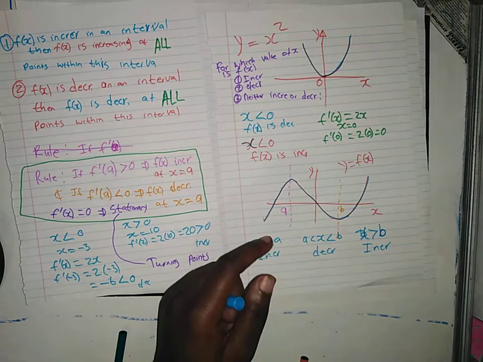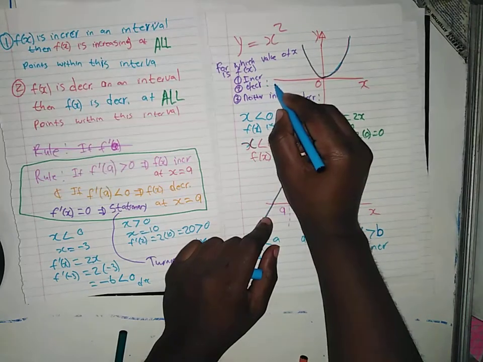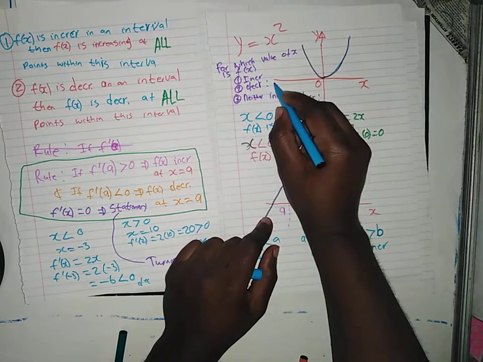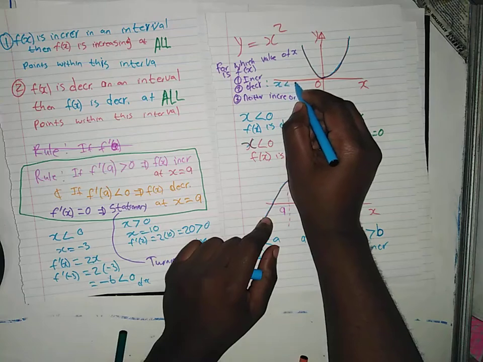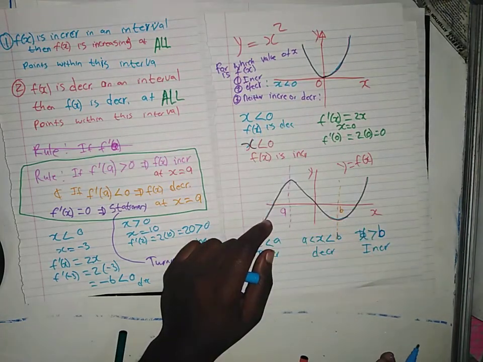Okay, so we're going to answer decreasing first. So it is decreasing when x is less than 0. Okay, but guys, you don't just write this like me. You must explain properly. Okay, and then show your derivative.